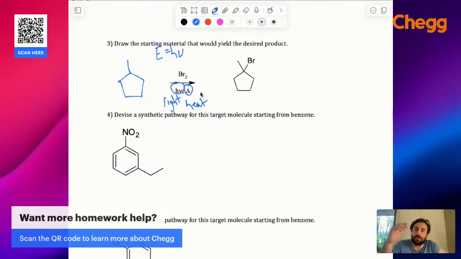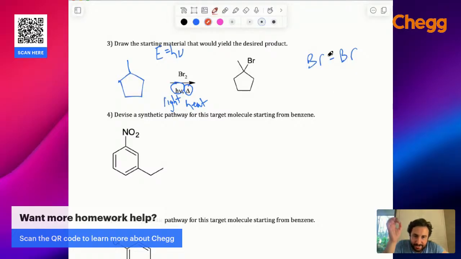And the reason that we need either light or heat is that radical reactions always begin with homolysis. We're not going to look at the whole mechanism here, but normally when we do organic reactions, we're looking at heterolysis, where the two electrons in a covalent bond go to one atom and not the other.